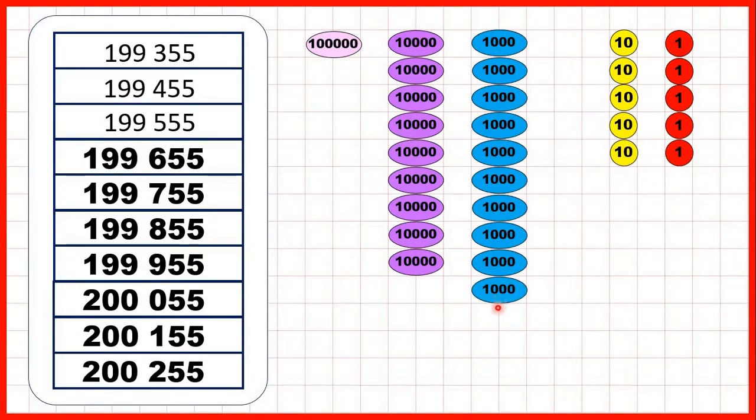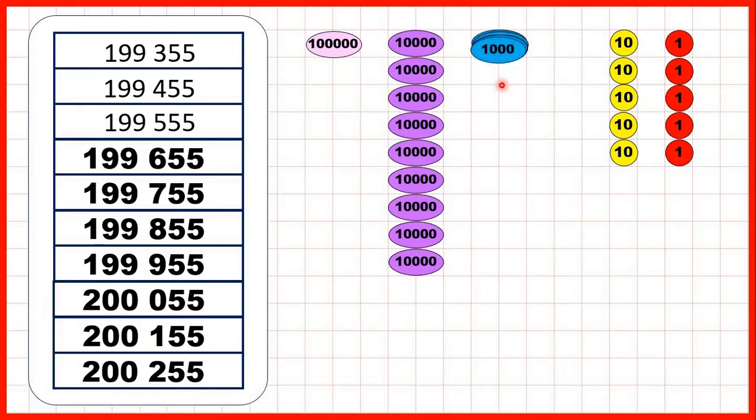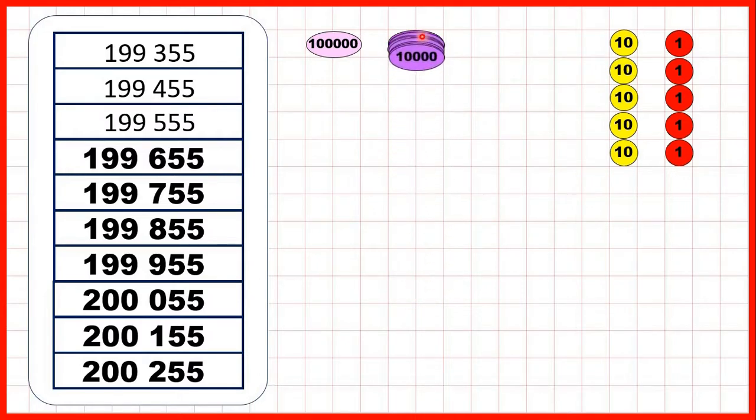But now we have 10,000s, so we can exchange those 10,000s for 1 10,000. And now, because we have 10 10,000s, we need to exchange those for another 100,000 counter. So that's why we have 200,055. And then we can keep counting in hundreds until we get to 200,255.